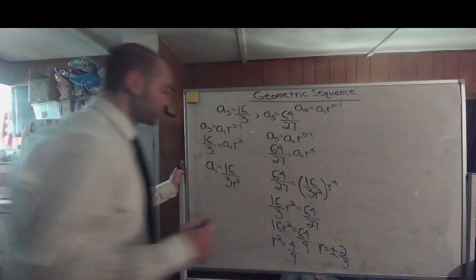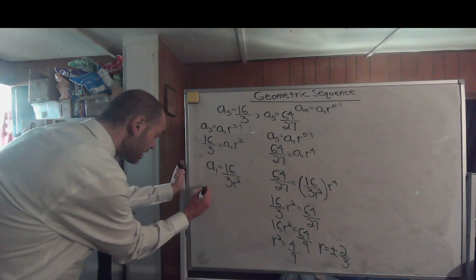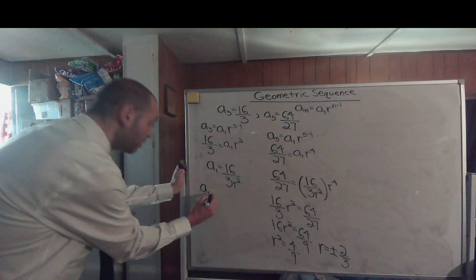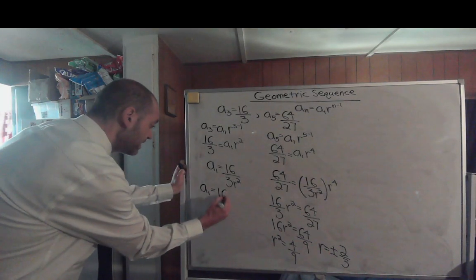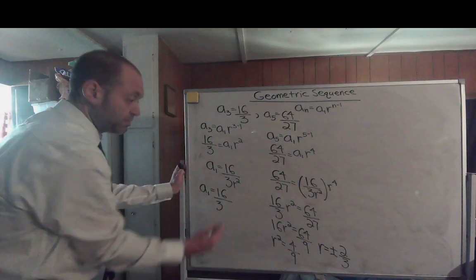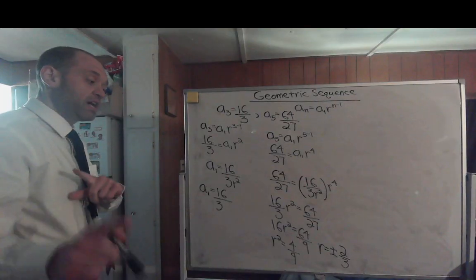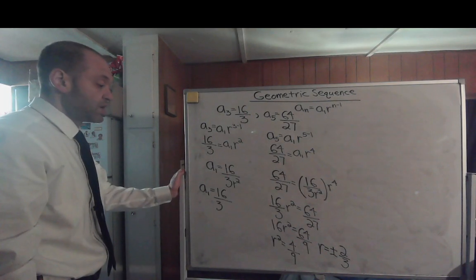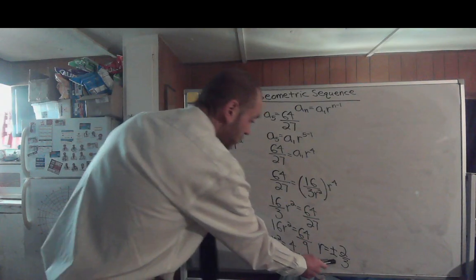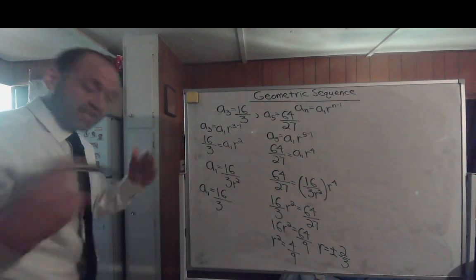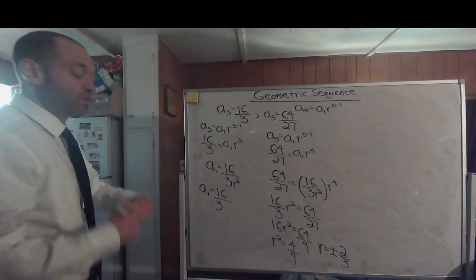So, a sub 1 is going to equal 16 over 3 times my common ratio squared. Well, good news is, though we have two common ratios, whether it's positive or negative, since we're squaring that ratio, it's going to be positive.